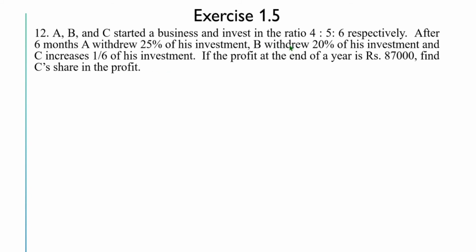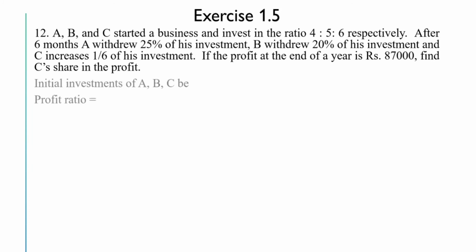So initially they invested in the ratio 4 : 5 : 6. After 6 months, A withdrew 25%, meaning only 75% remained. Then B withdrew 20%, meaning for the remaining 6 months B had only 80% of his investment, whereas C increases 1/6 of his investment. So we have to find C's share in profit when the total profit is given.